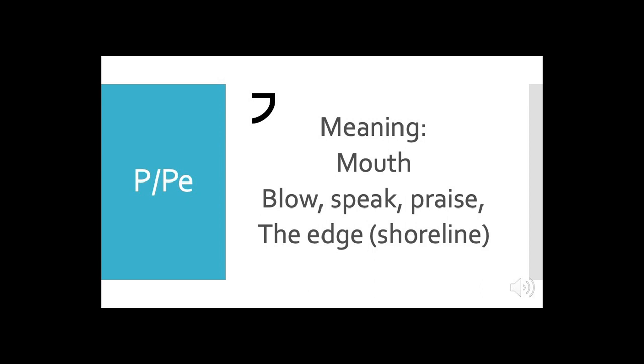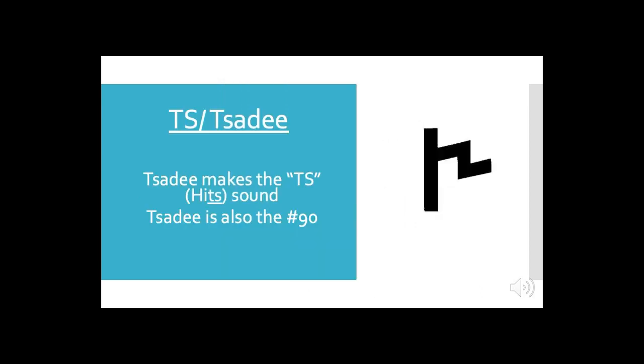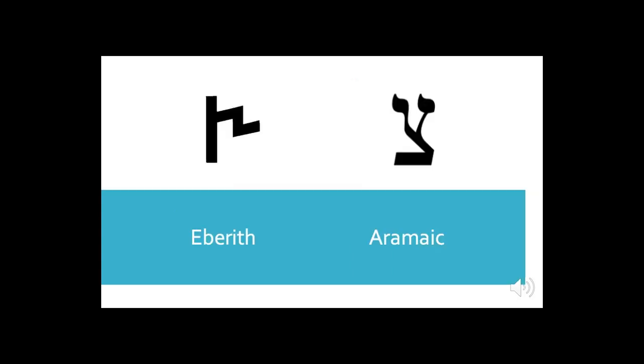Our next letter that we're looking at is Tazi. Tazi makes the TS sound. We have 3 letters that represent something to do with a T. So this is the TS sound, and it also represents the number 90. Here we have what it looks like in the Eberith and the Aramaic.